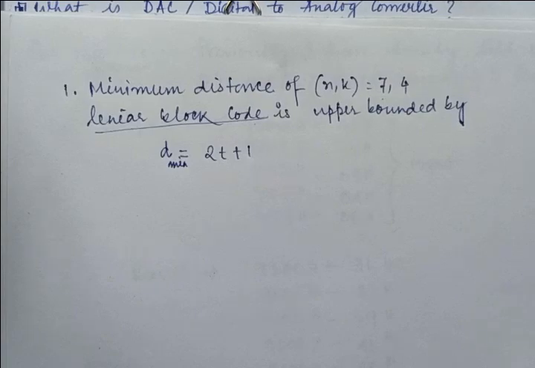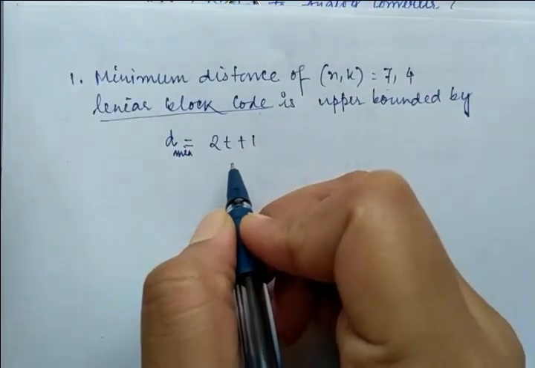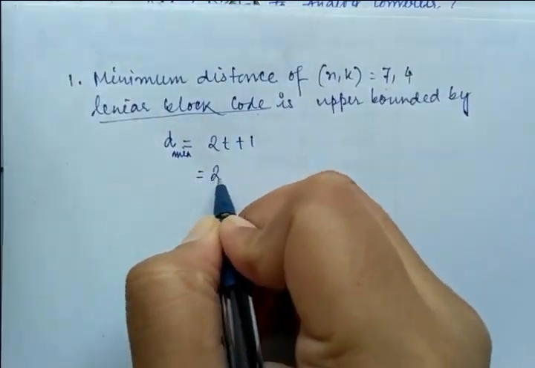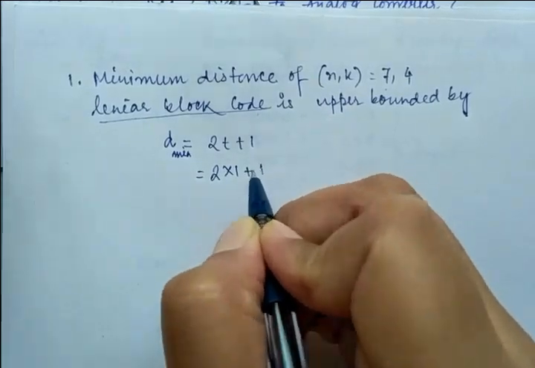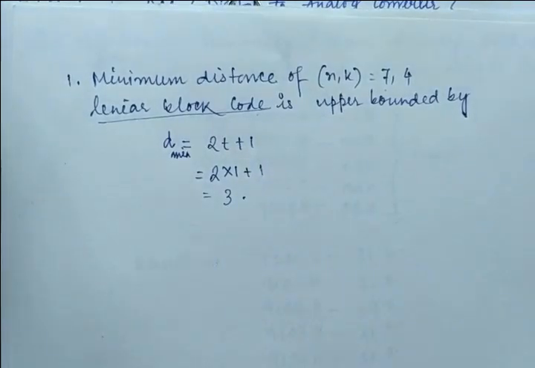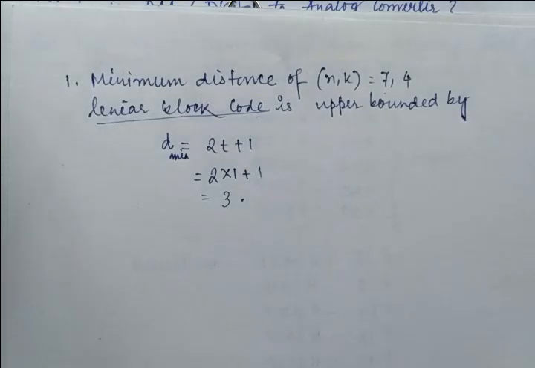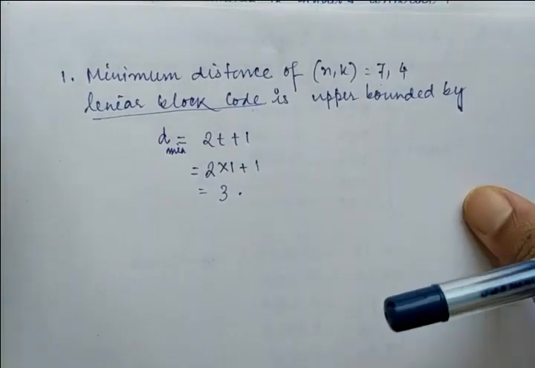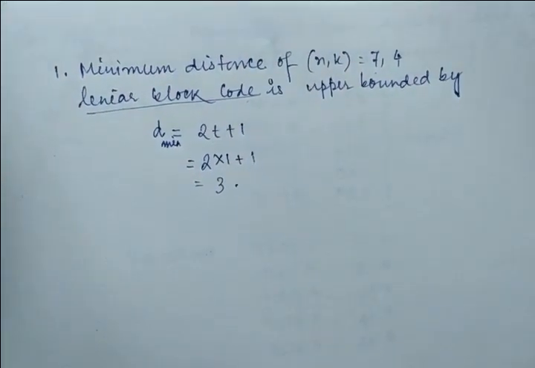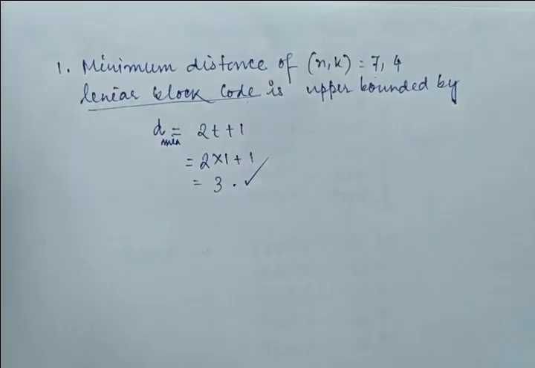So single error correcting code means that t is equal to 1. So put t equal to 1, and that becomes 2 into 1 plus 1, that is 3. It's a very simple question, but it has been made to look complex. So please do it using the simple formula that you have already learned, right? So the answer will be equal to 3.